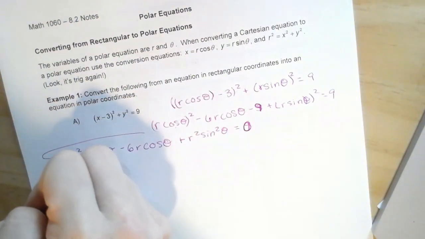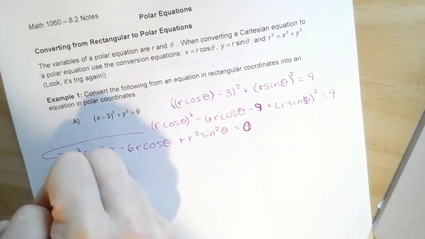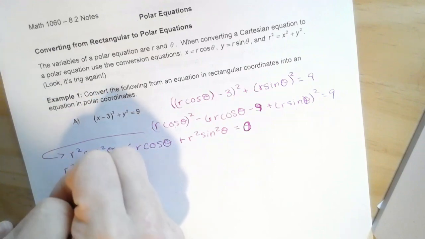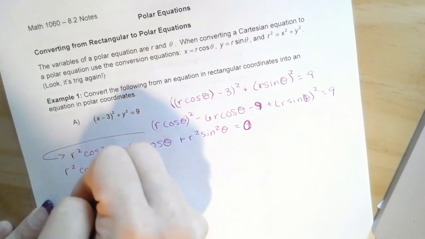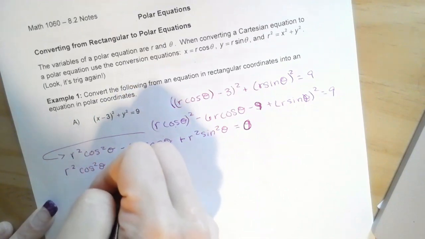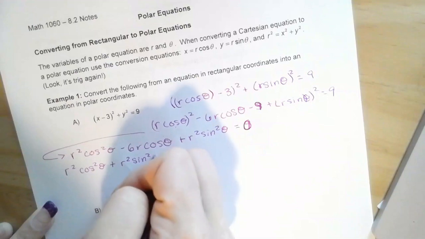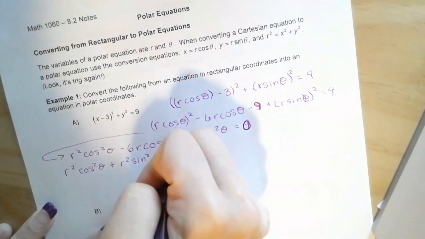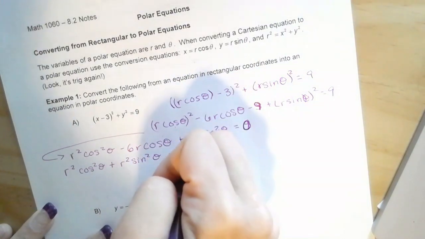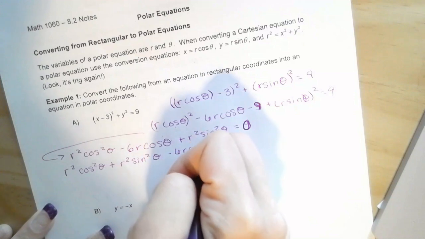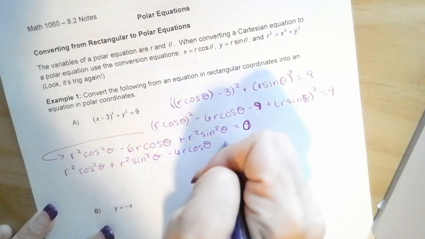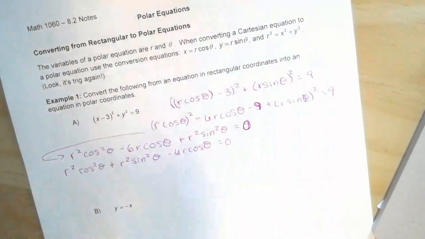So let me show you that. We get r squared cosine squared theta plus r squared sine squared theta minus 6r cosine theta equals 0.